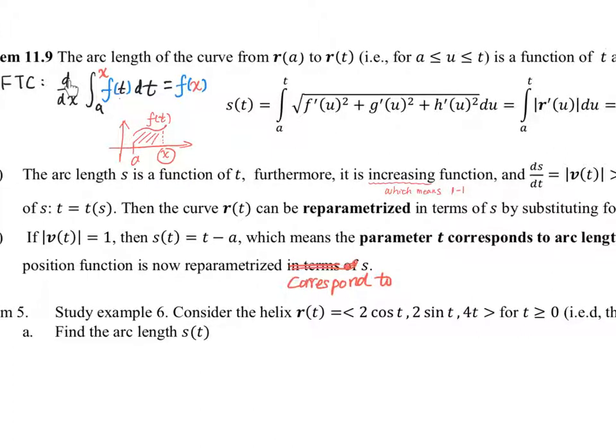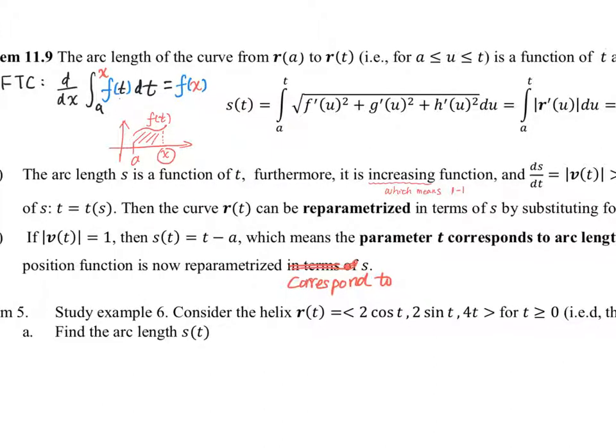The fundamental theorem of calculus says when you take the derivative, you recover the function being integrated. I want to color code it so that you know that this is the variable. So at the end we should have f of x, right?